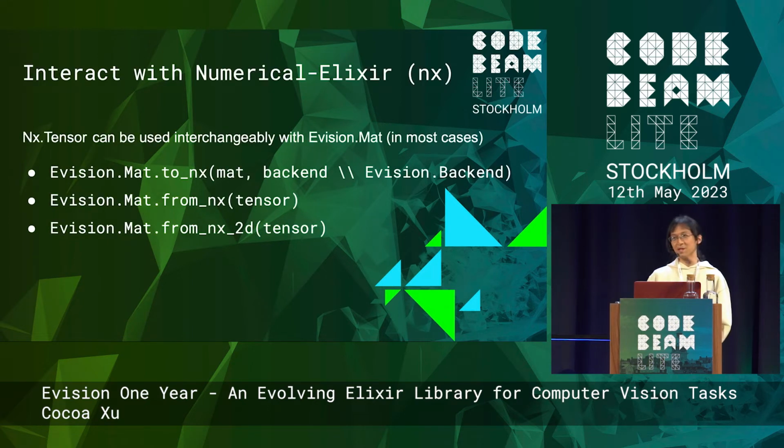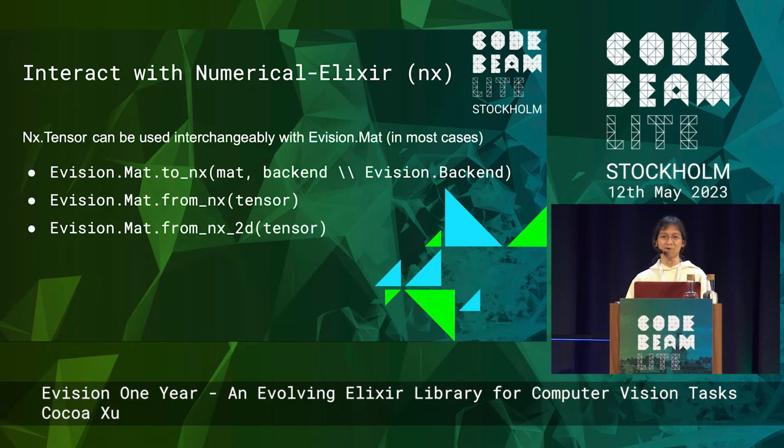First thing is that last year I mentioned that I want to make this library much easier to interact with Numerical Elixir, and now we have the ability to do that.